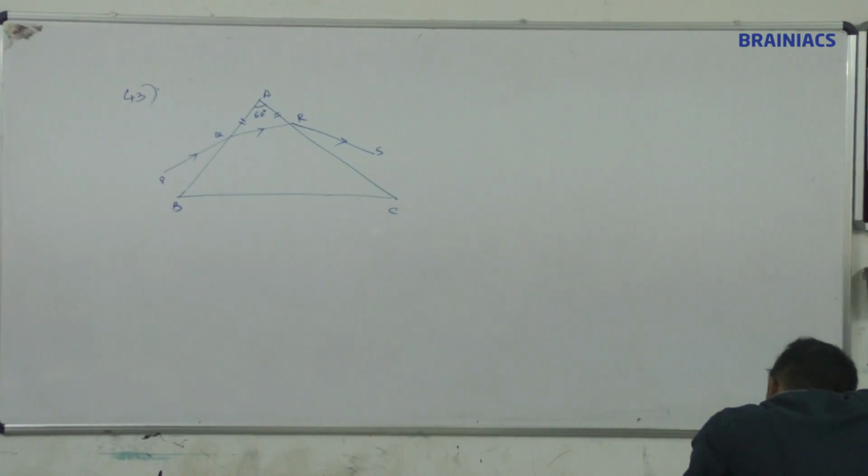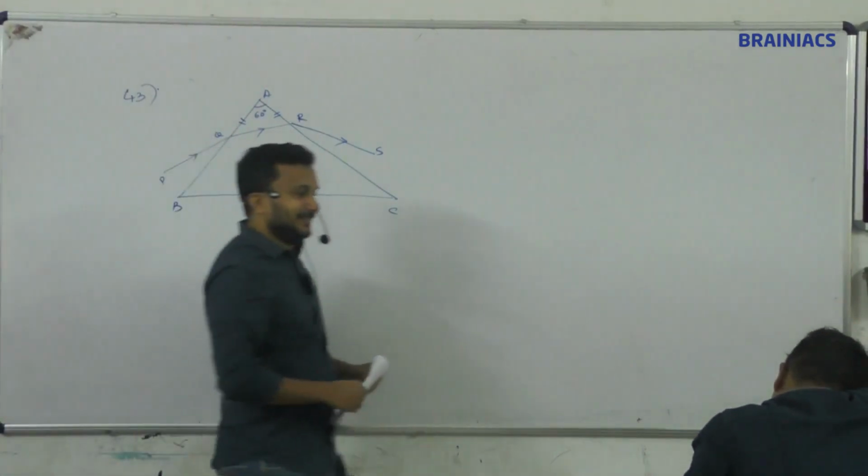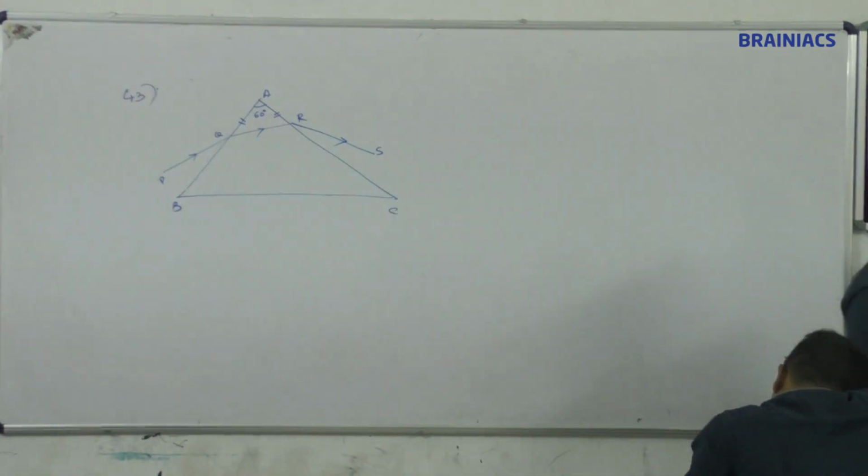No formula, nothing, huh? Both sides are equal, sir. So these two angles, correct. So according to normal, this should be 30 degrees.